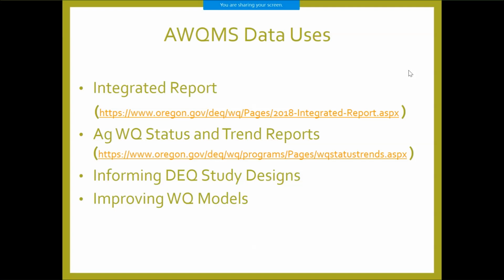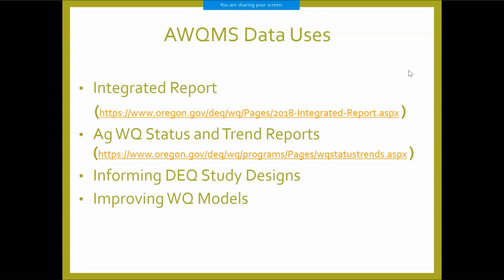All of the data that goes in as final, which in the old language is data quality level A or B, gets used for both of those purposes, for the integrated report and for the status and trend reports. Information about both of those is available online.